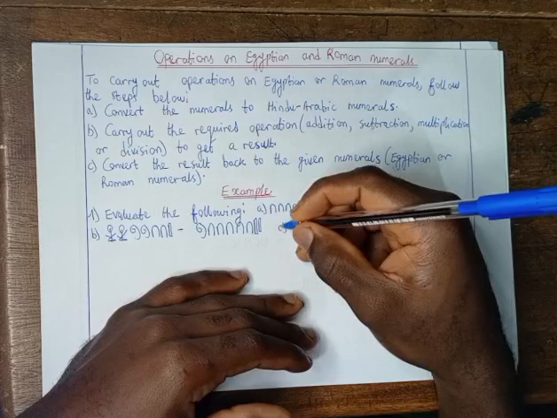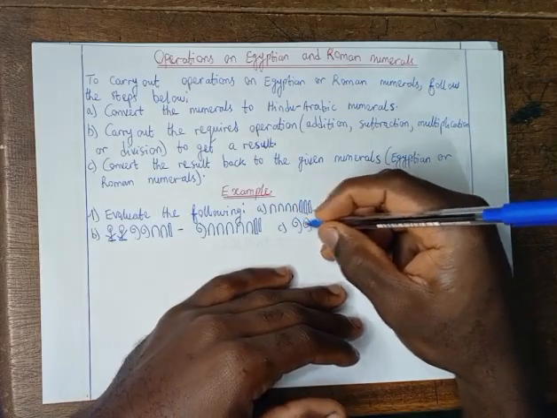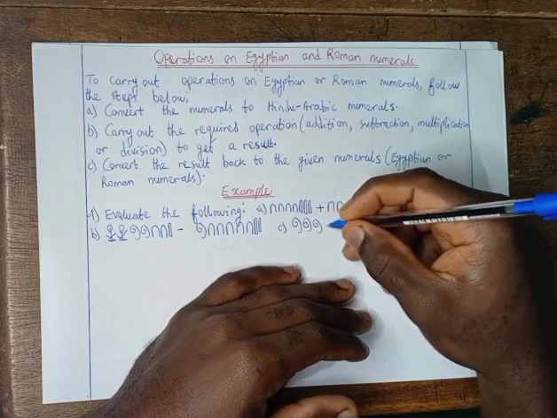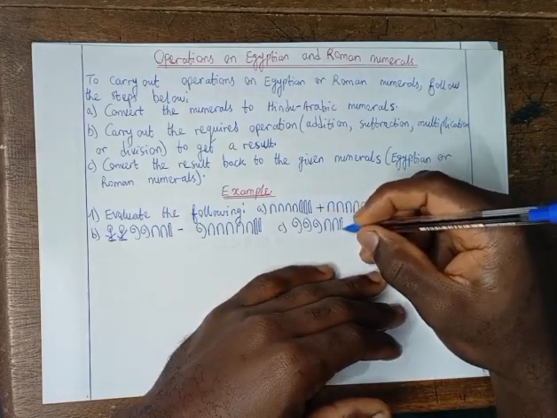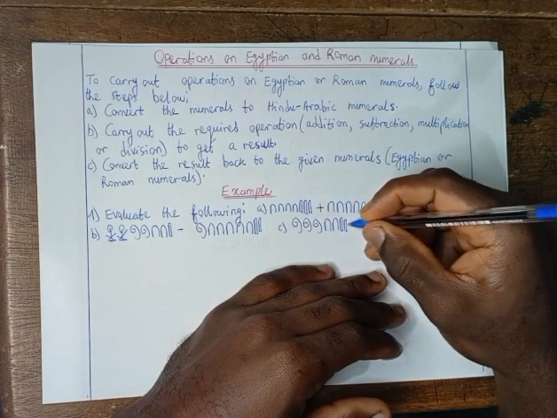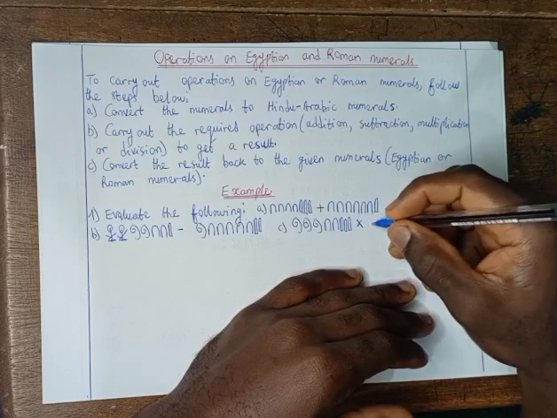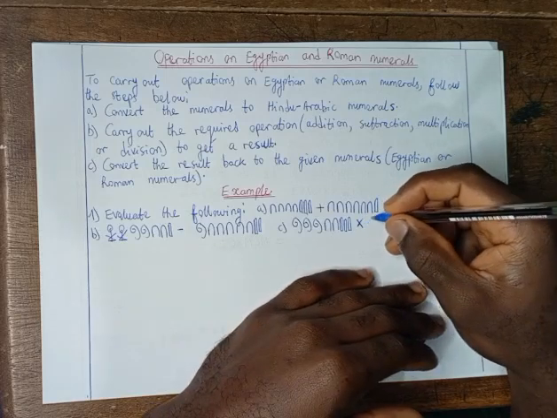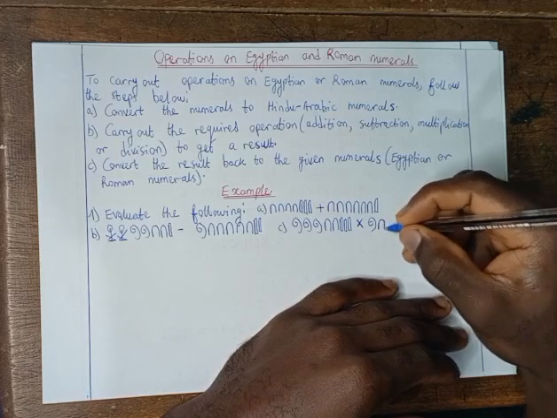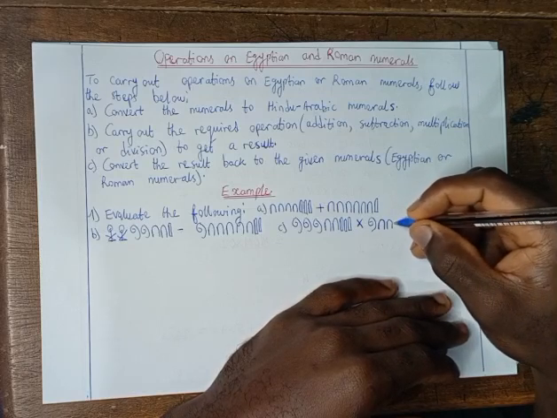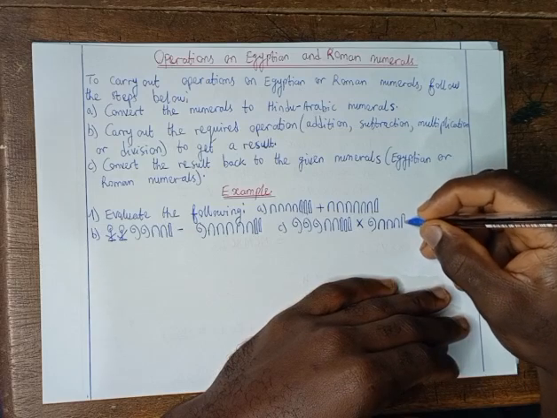Question C, we have 3 spirals, 2 elbows, 3 straight fingers, times a spiral, 3 elbows, and a straight finger.